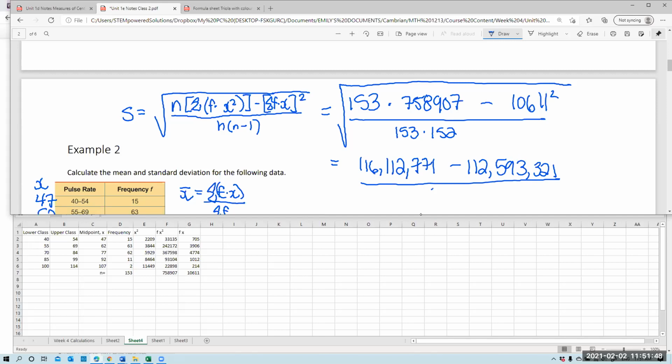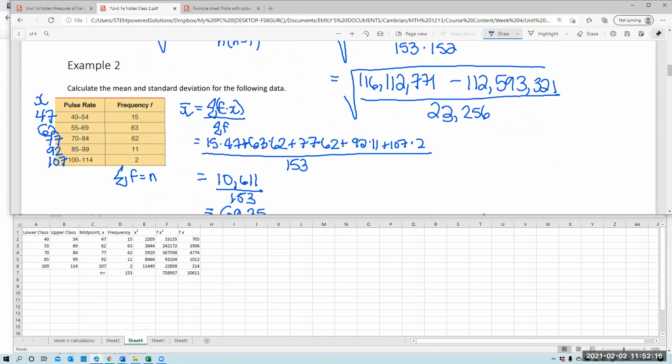Well, it's not as big as the other ones. It's 23,256. And then we're going to square root the whole thing. So 116,112,771 minus 112,593,321 equals 3,519,450.